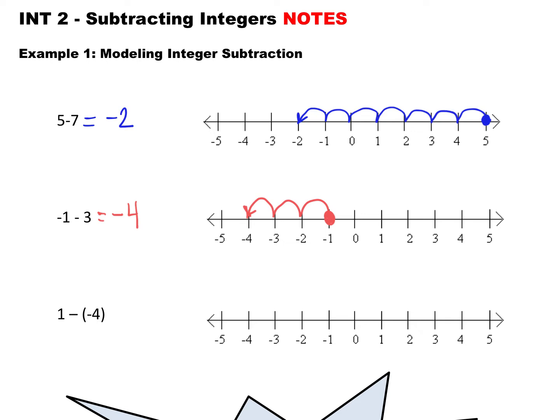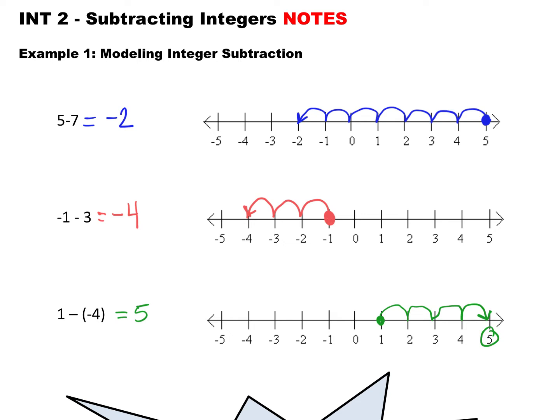back on. So in this case here, where we have 1 minus negative 4, subtracting a negative is really the same thing as adding 4. So we're going to start with 1, and when I subtract negative 4, I'm really going to add 4. 1, 2, 3, 4. I'm going to end up at positive 5.